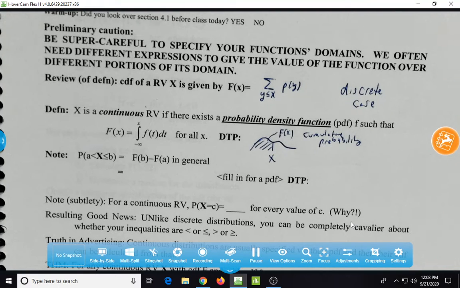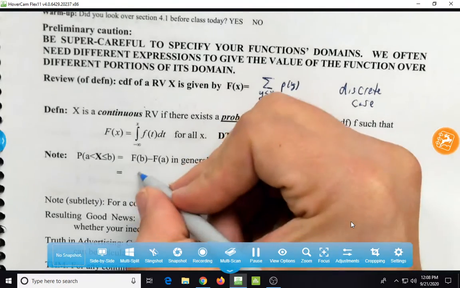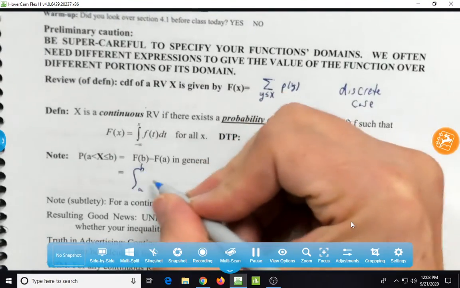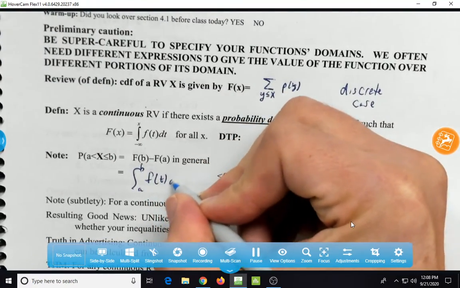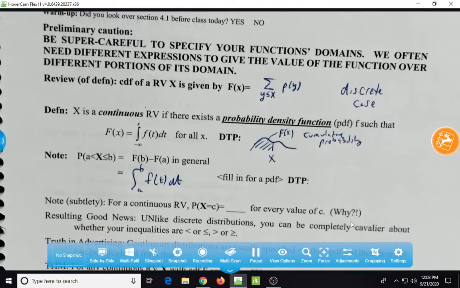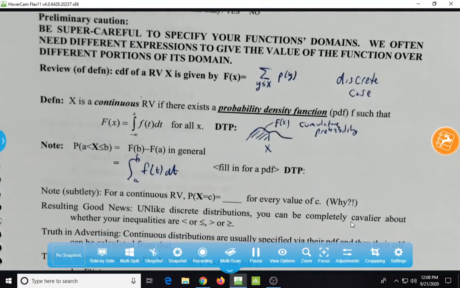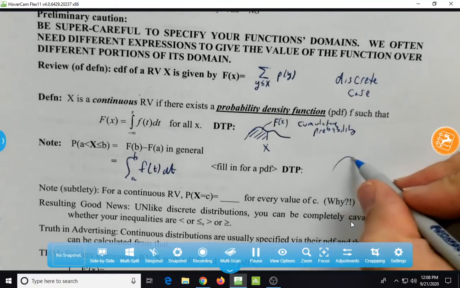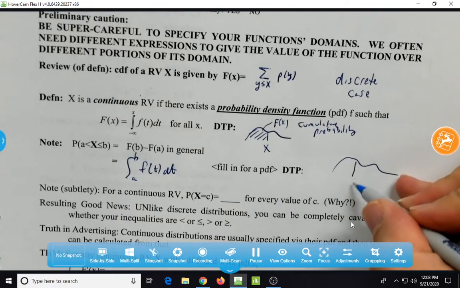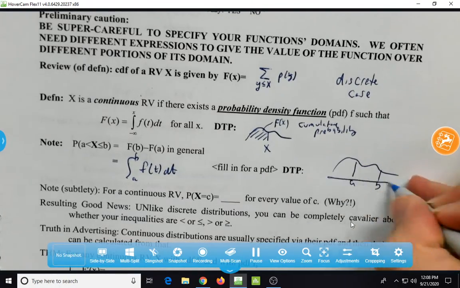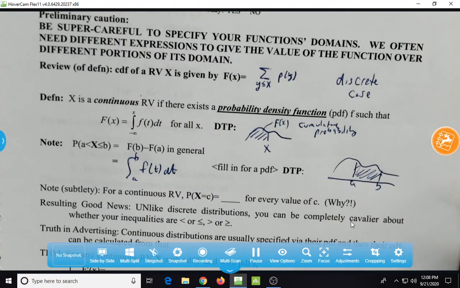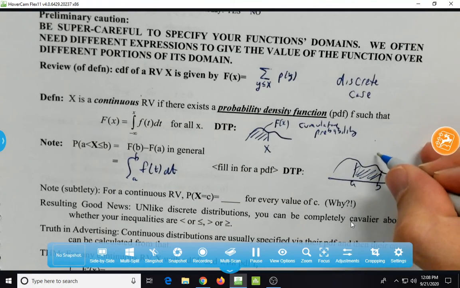In the continuous case, what you would have is the integral from a to b of f(t) dt. Just our good old fundamental theorem of calculus. So if this is a and this is b, the area here would give you the probability.